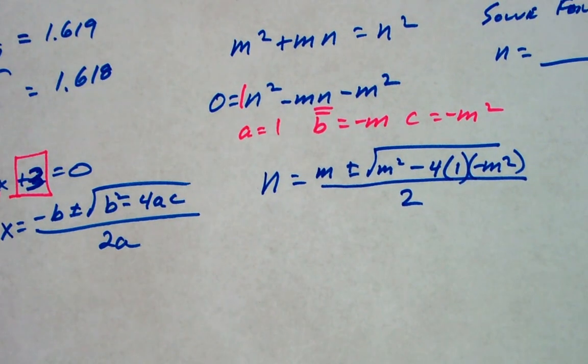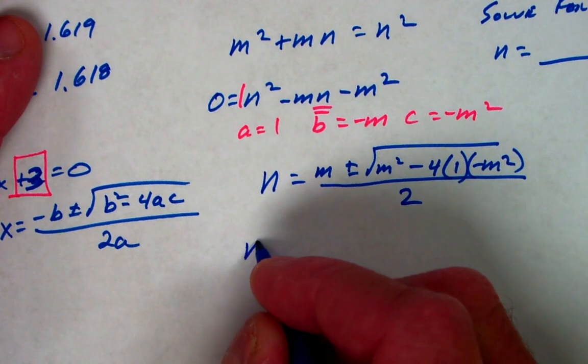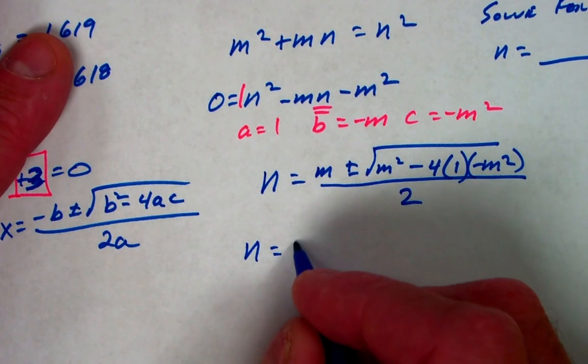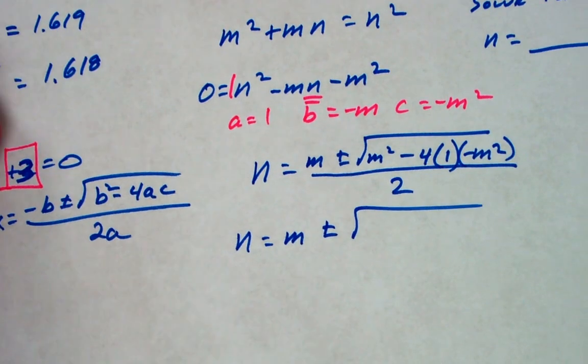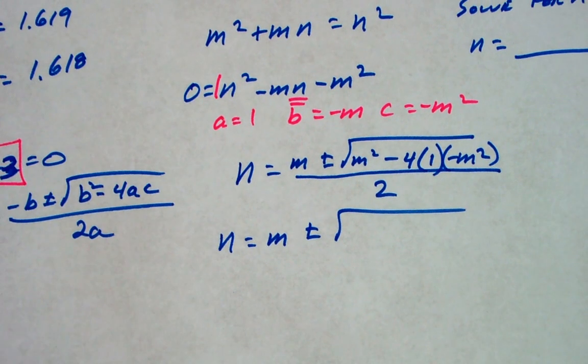Okay, now I'd like to simplify this. n equals m plus or minus. How could I simplify everything underneath the radical? In other words, it's called my discriminant. What's my discriminant in this case underneath my radical? What could I do? 5m squared.